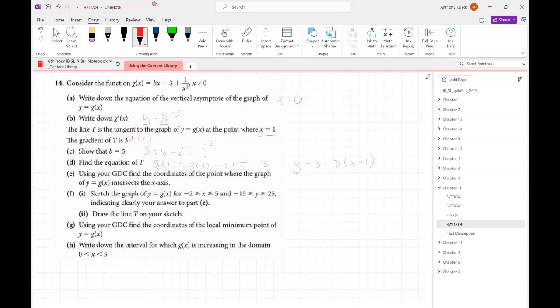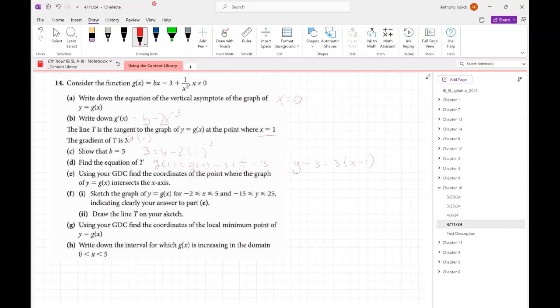Now, part E you should be able to do no problem, right? Plug that bad boy in your calculator and just find the zeros. It's the original problem, just the g of x, right? Because that's what it's asking for.